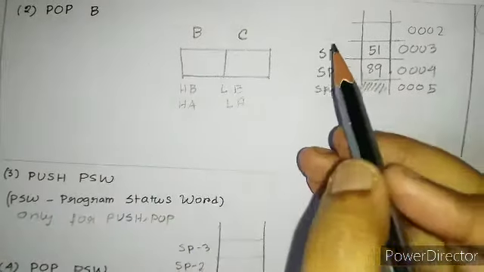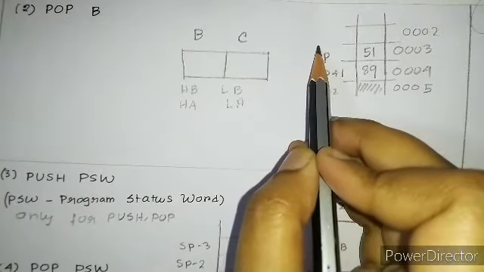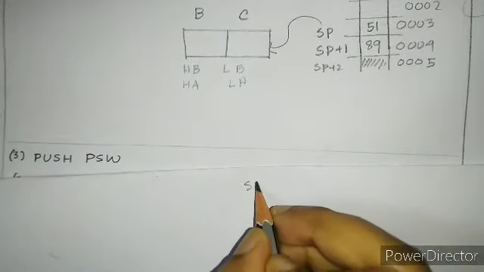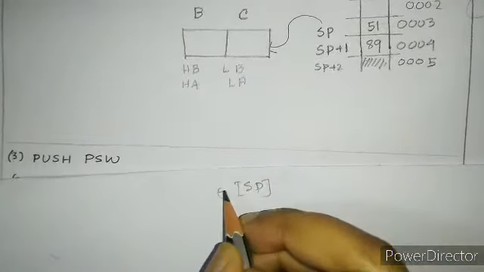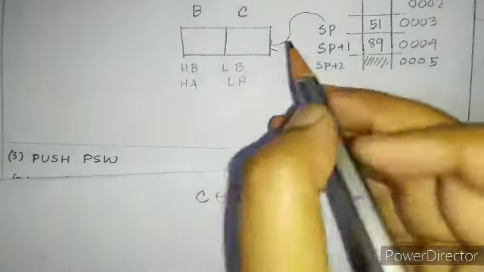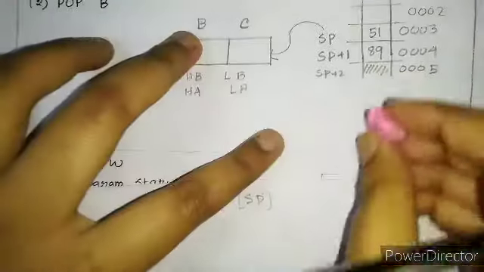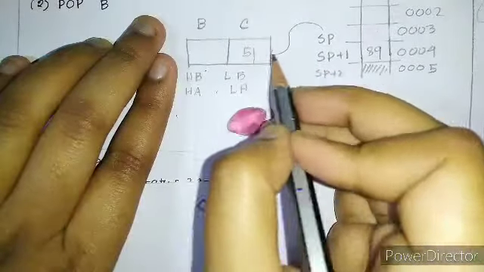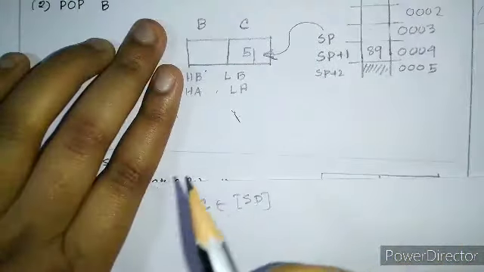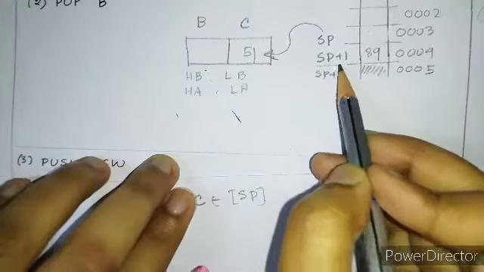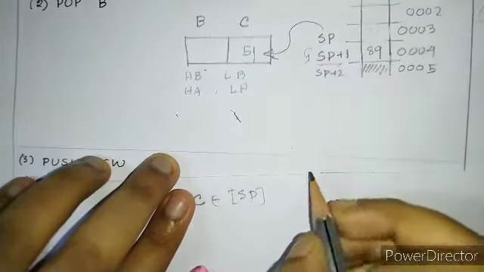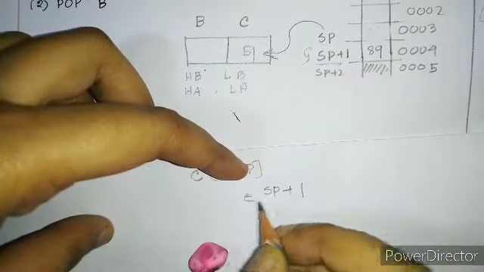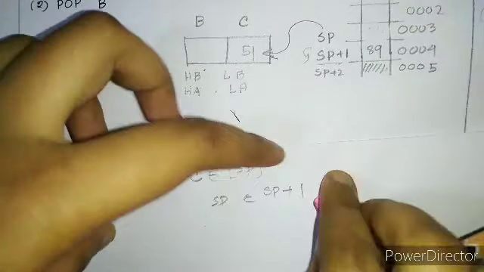So first get the value at SP in C. Now SP plus 1 will become the new SP.